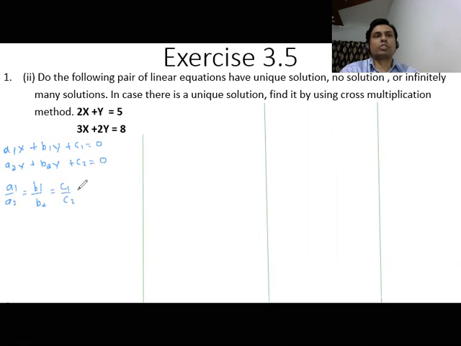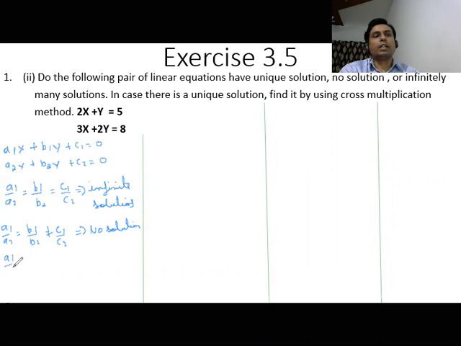If all the three ratios are equal, then it has infinite solutions. Second case, a1 by a2 equal to b1 by b2, but not equal to c1 by c2. Then there is no solution.